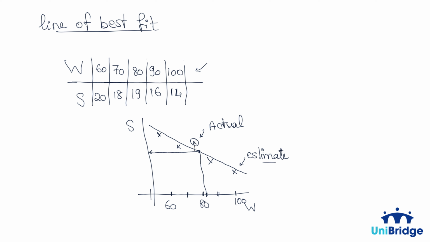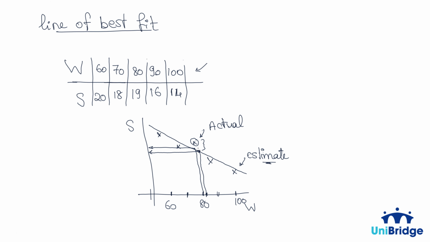But at 80, if you extend your line here at 80, you'll find a different estimate for the speed than the actual point. And this is what we usually call the error, which is the difference between the estimate and the actual points. So again, the steps go as follows. We sketch the actual points, we plug in the line of best fit, and this serves as an estimate for all the range.